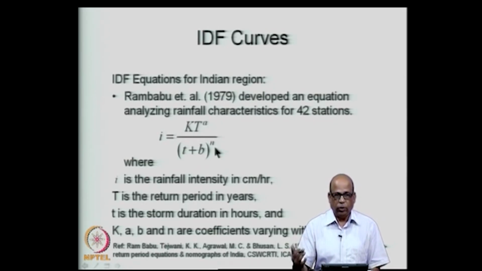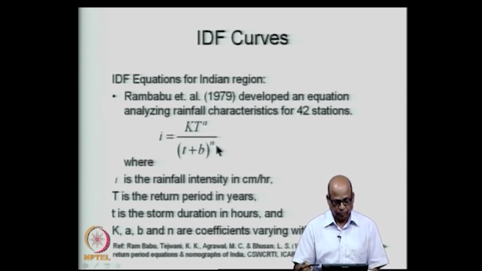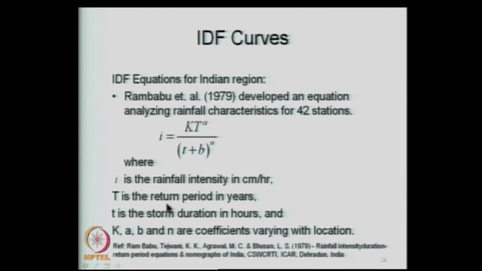Now, they studied 42 different stations spread all across the country, and then provided the constant values K, A, B and N. So, K, A, B and N are coefficients varying with location, T is the return period and I is the rainfall intensity. In this particular expression, the intensity is in centimeters per hour, not in millimeters per hour.